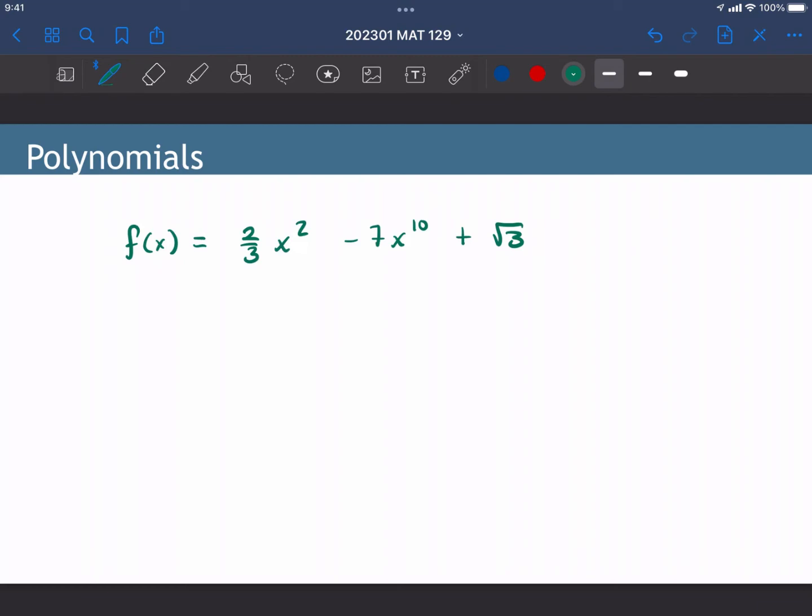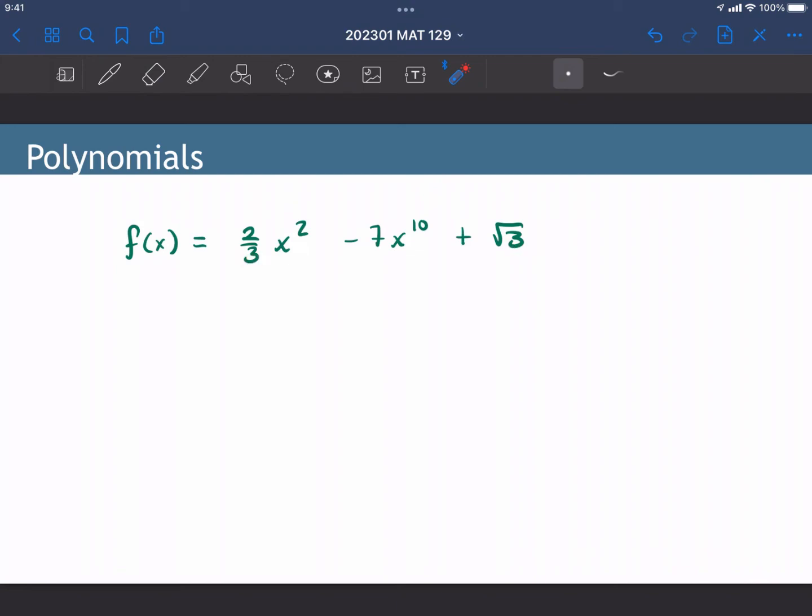Alright, now by the way, is that a polynomial? Well, wait a minute, didn't I say something a second ago? You can't have fractions and irrationals and all that. Yes, I did, but that's only in the power. Okay? The powers have to be whole numbers, but your coefficients, they can be real numbers.